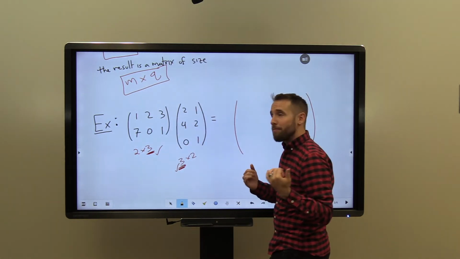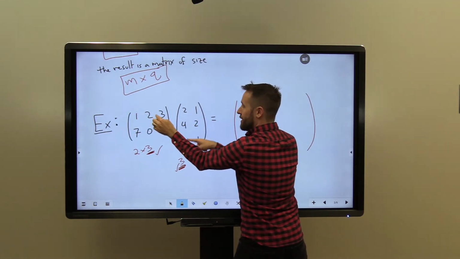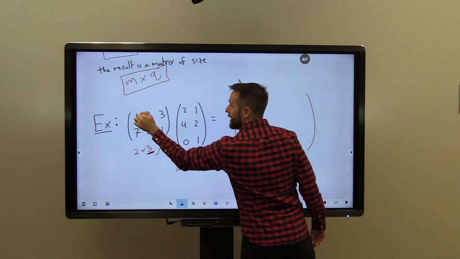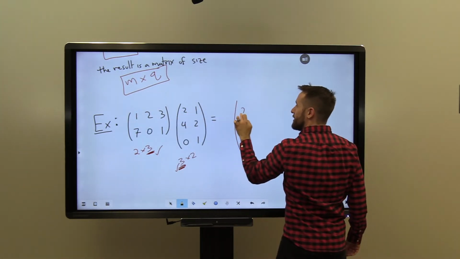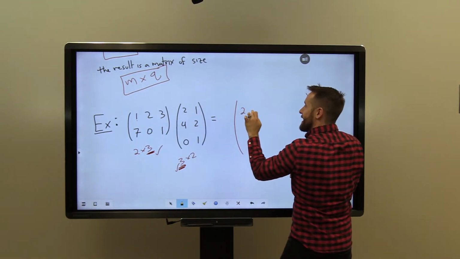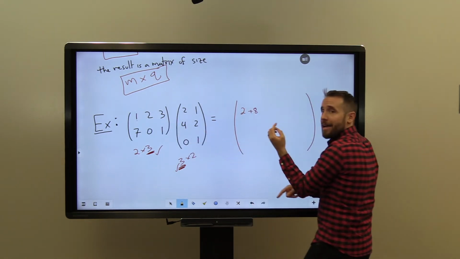And when I take the dot product of those, I would get 1 times 2 plus 2 times 4 plus 3 times 0. All right, and so written out, we get 1 times 2, so that's 2, plus 2 times 4, that's 8, plus 3 times 0, and that's 0.